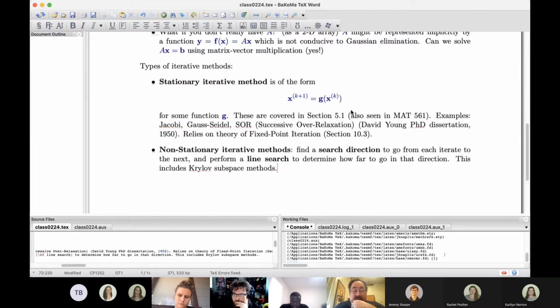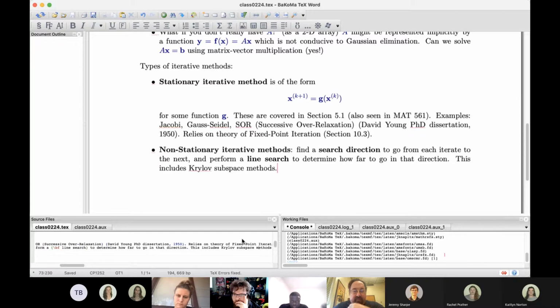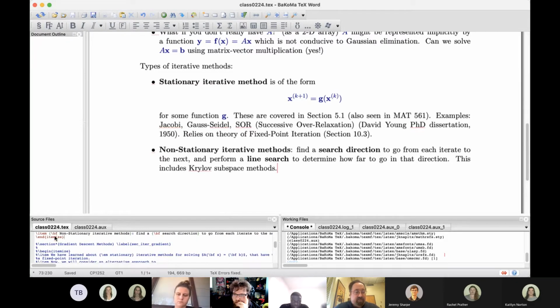Krylov subspace methods are what I'll show you, not today, but next week. So what I'll show you now is the simplest non-stationary method.